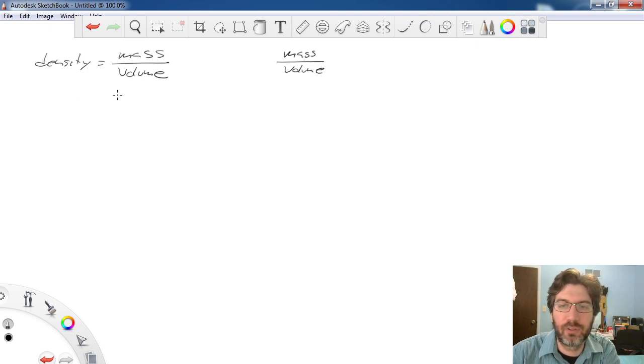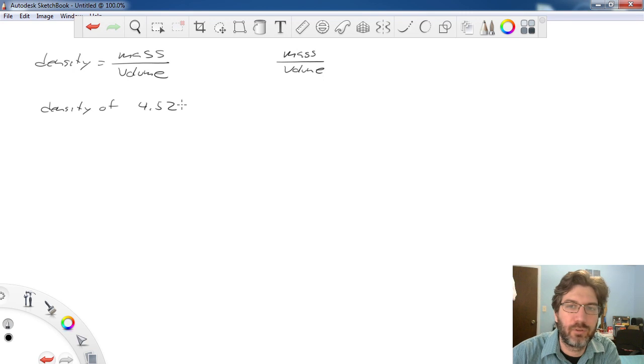For example, you could have a density of 4.52 grams per milliliter, right? Grams measures a mass, milliliters measures a volume. So this here is a unit for density.